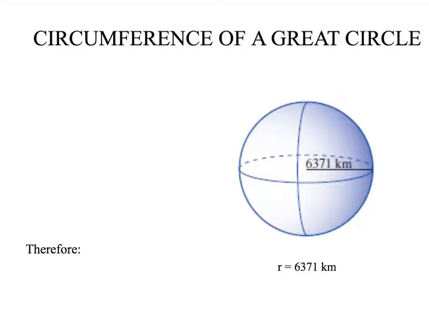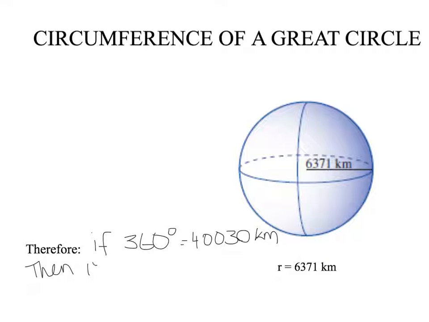So, therefore, what this means is if 360 degrees, and so that's the entire great circle. So if the radius is 6,371 kilometres, then 360 degrees of the Earth is equal to 40,030 kilometres. So 1 degree is going to equal, basically what we need to do is divide 40,030 by 360.